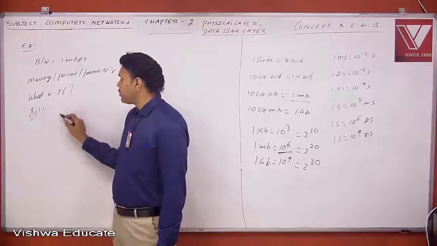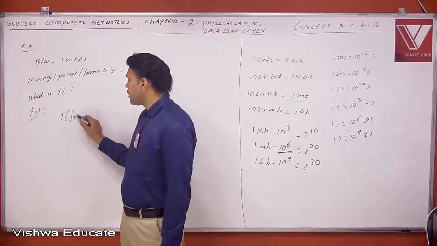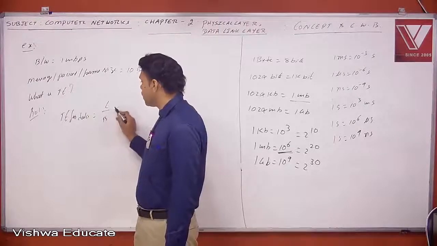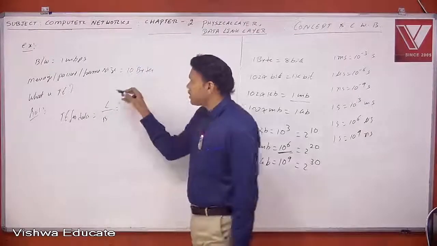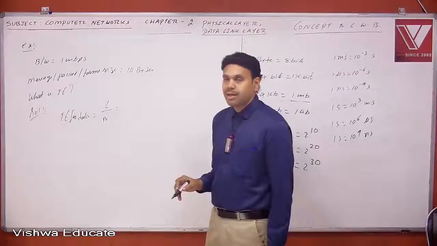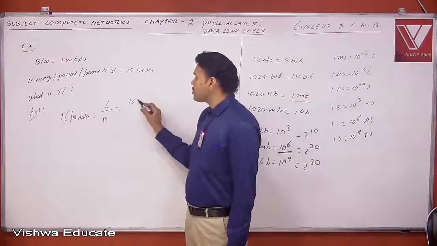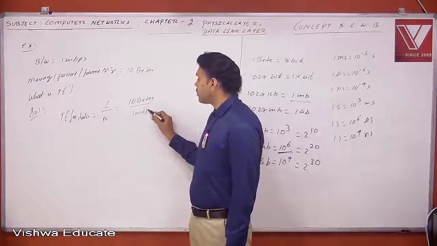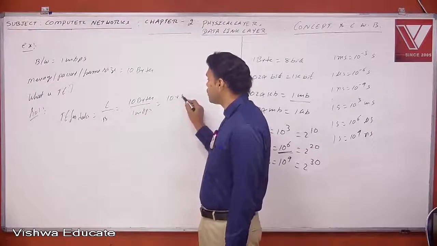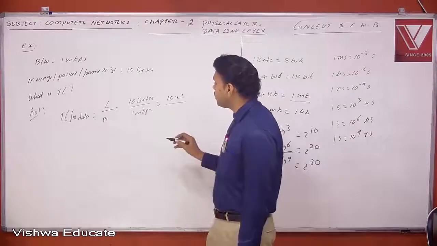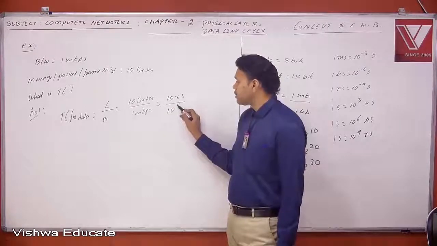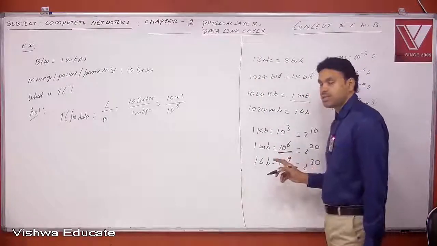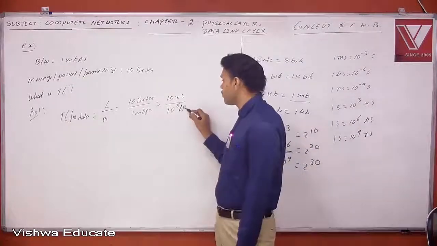So we can do it in a quick manner. So TT for data is nothing but L by B. L stands for message size and B stands for sender bandwidth. L is equal to how much, friends? 10 bytes, and bandwidth is equal to 1 Mbps. So 10 into 8 because the numerator is in bytes, and 1 Mbps is already mentioned as 10 power 6 bps.